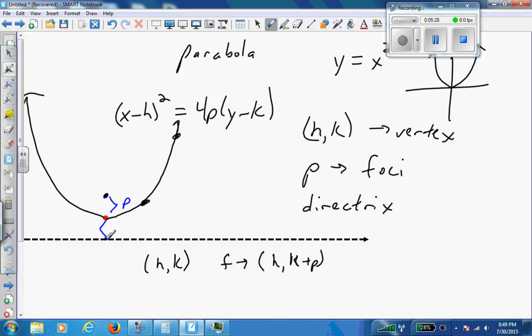The directrix is a horizontal line, y equals whatever this y value is, p units below the vertex, so k minus p. That's for a parabola that opens up. If p were negative, then the focus would be on this side, the directrix would be on this side, and our parabola would open downward.